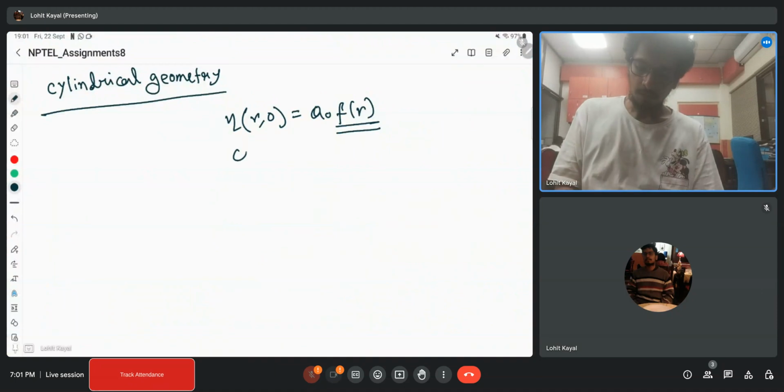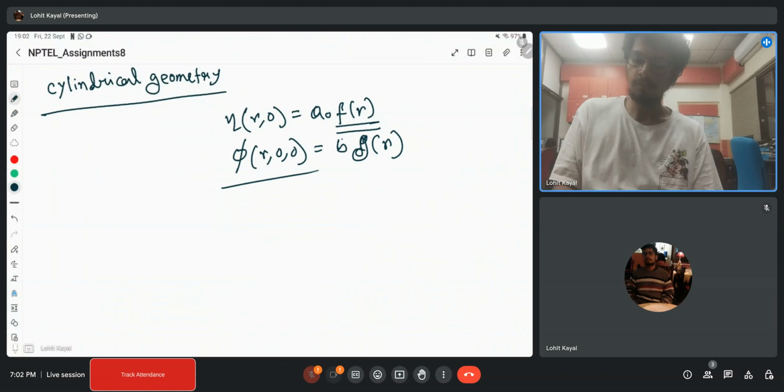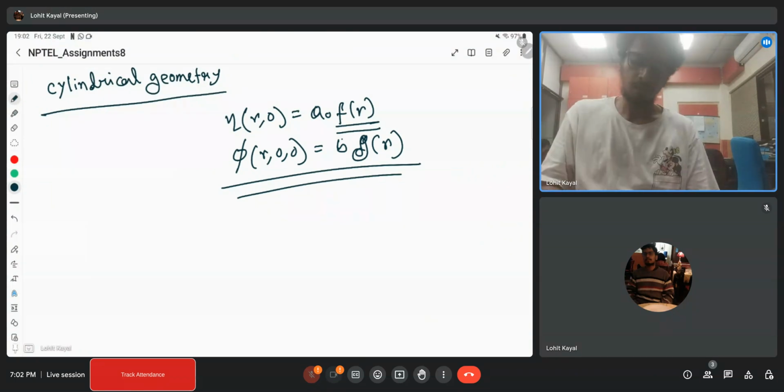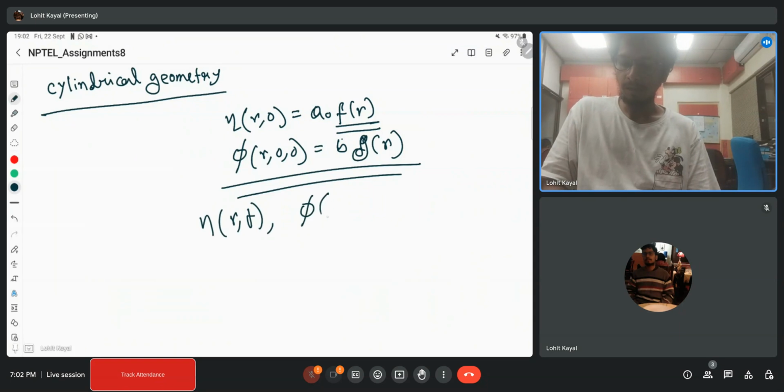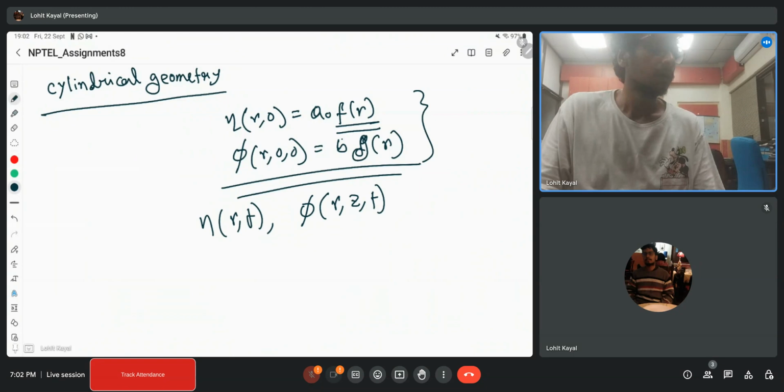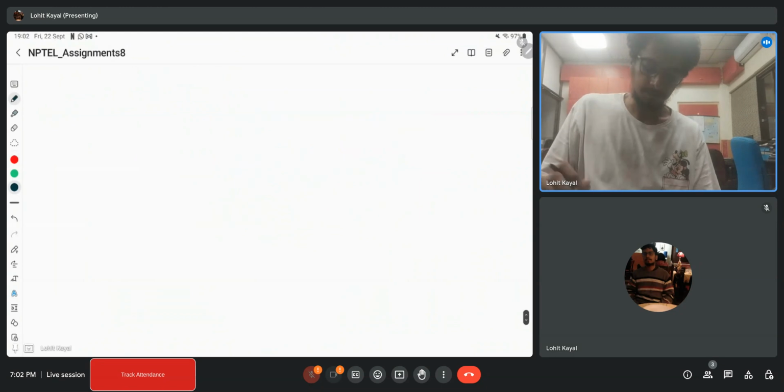And also initially there is some b into g of r, some function of phi is there. Now we need to determine what will be the evolution eta rt and phi rzd for these two particular initial conditions. Okay, so let's do this calculation.